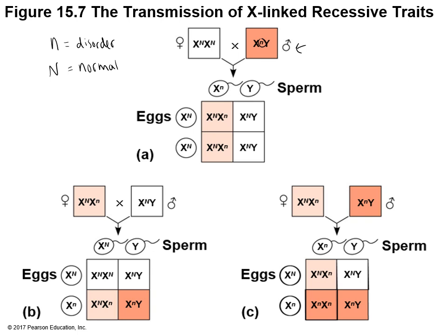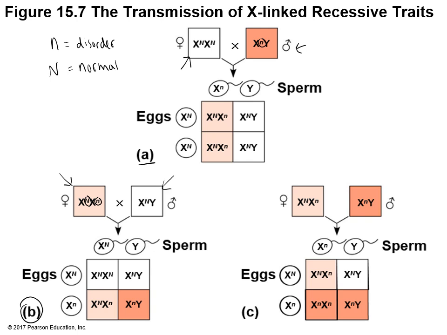So in example A, we have an affected male and a homozygous dominant female, but in example B, we have a carrier female who has a dominant and also a recessive allele and a normal male.